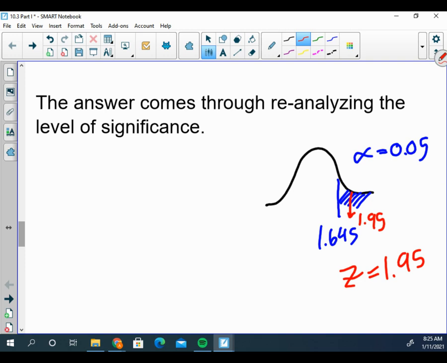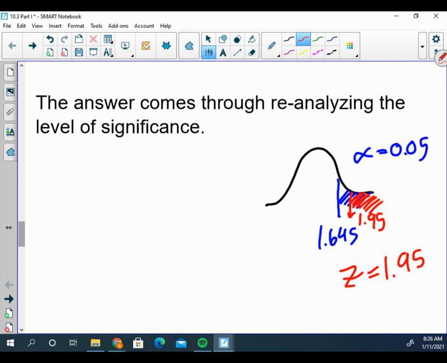Much like the 1.645 is a cutoff for my level of significance, where it says 5% is beyond, we can imagine the red line is a cutoff as well. Thus, if we find the amount of area to the right of my test statistic, and I compare it to my level of significance, now I no longer have to run multiple tests.